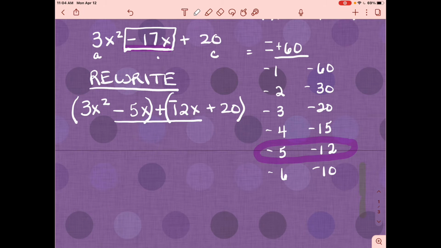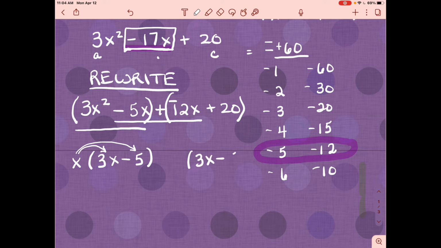All right, looking at the first set, 3x squared minus 5x, the only thing common is an x, so let's factor that out. And then notice you can go back and check. X times 3x is 3x squared. X times negative 5 is negative 5x. And then here's the hint. In my second set, I really want it to be 3x minus 5.